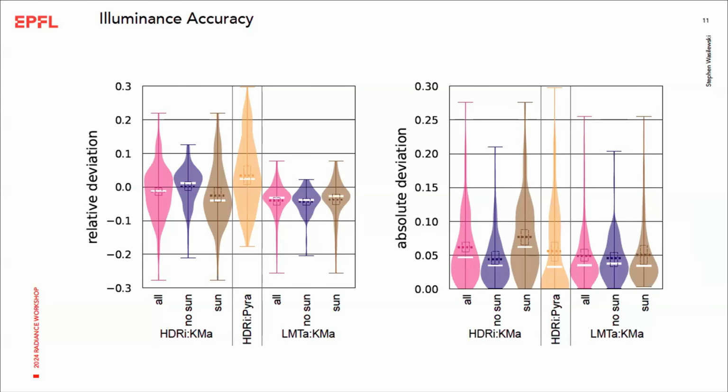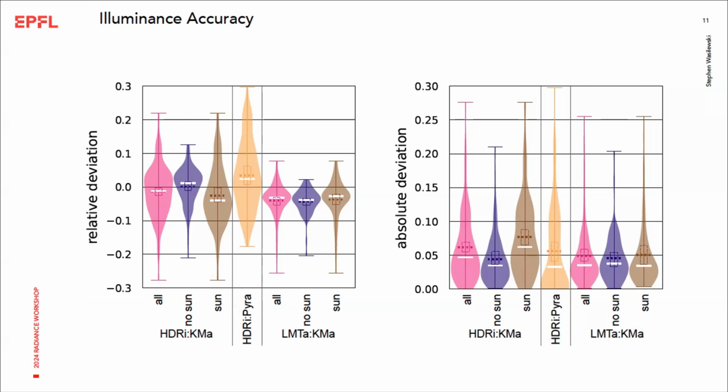So as far as illuminance accuracy, this is from a sample data set of about 200 images taken around Lausanne in all different orientations and conditions, cloudy skies, clear skies, acute angles, varied angles that we collected last summer.